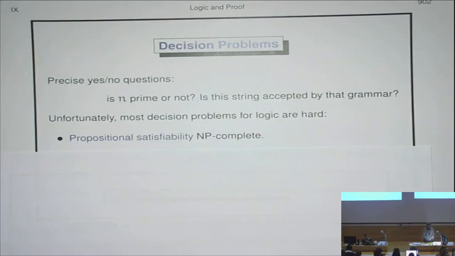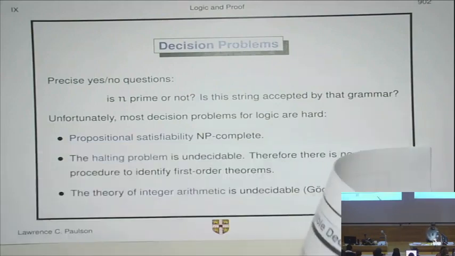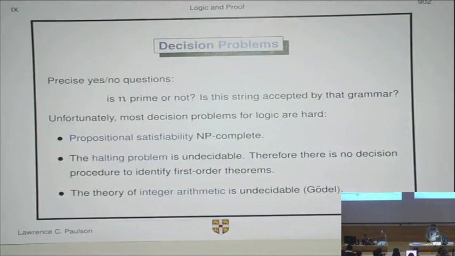That means it's likely to take exponential time, and various other things are completely undecidable. In fact, almost even the things that we can do turn out to be pretty damn hard. That's unfair. Nevertheless, there are lots of things we can do, and decision procedures help us a lot.